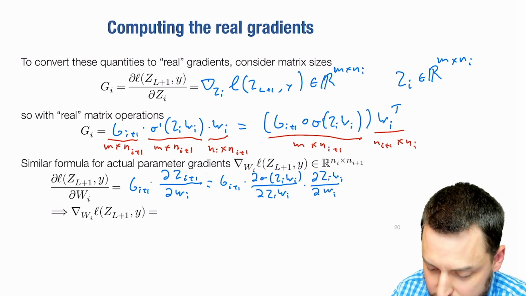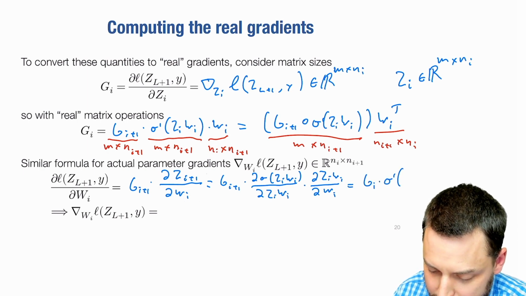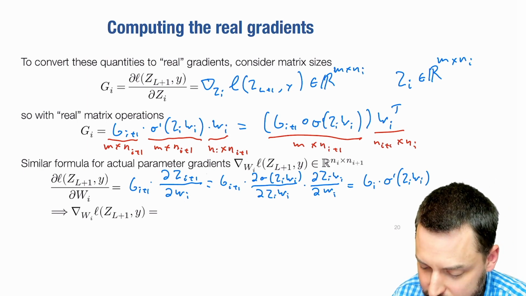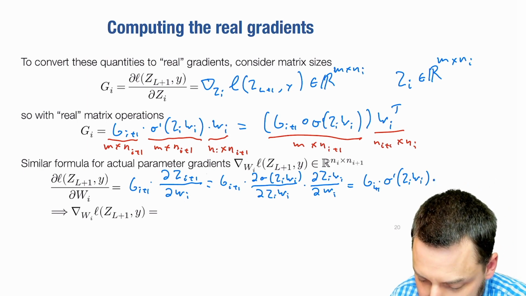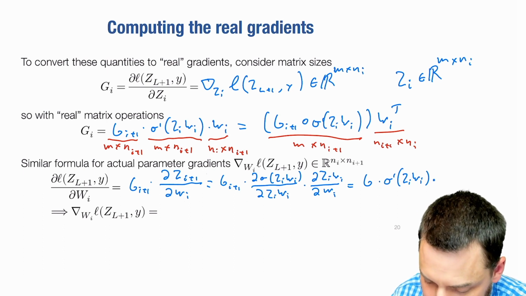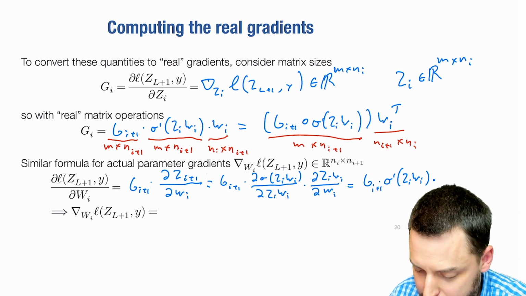All right, and that's going to equal g_{i+1} times sigma prime(z_i W_i). A lot of terms are the same as before, of course, times z_i.